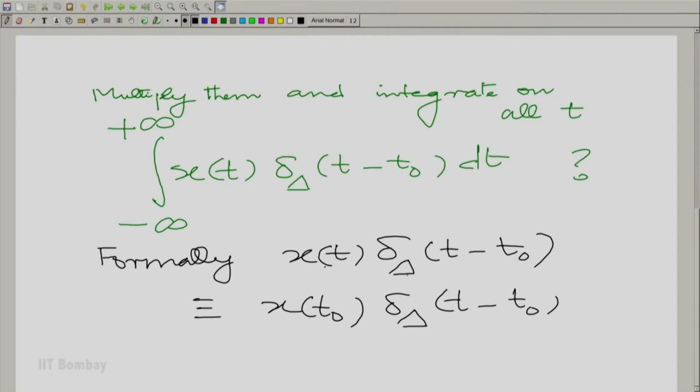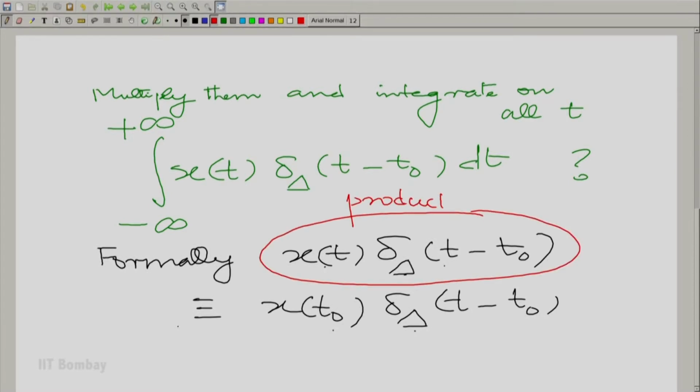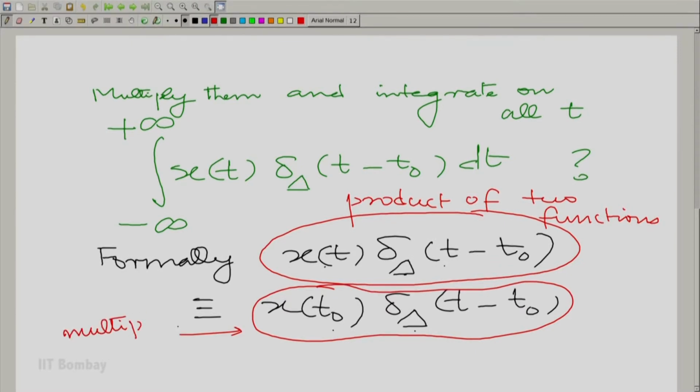The two sides of the equation here, x of t into delta capital delta t minus t0 is equivalent to x of t0 times delta capital delta t minus t0. The two sides of the equation have a very different meaning. Here you have a product of two functions, and here you have a multiple of the pulse. So, what we are saying is, in the region where the function is continuous, the product of x of t with that narrow pulse is just a multiple of that narrow pulse.